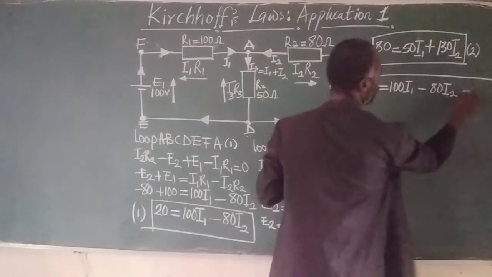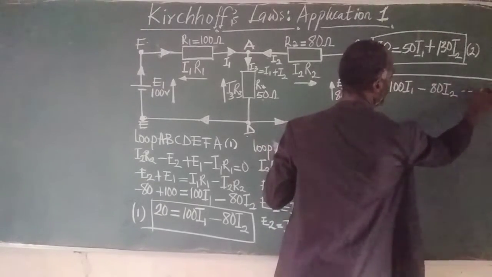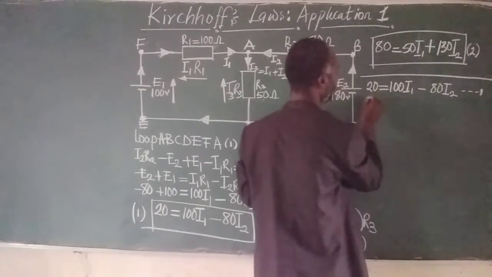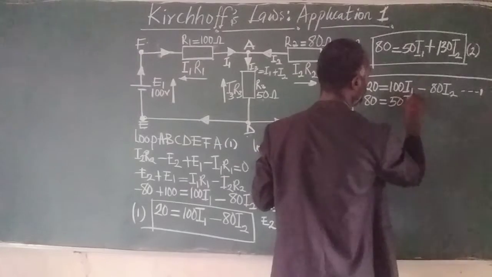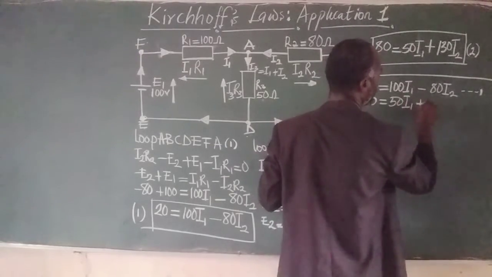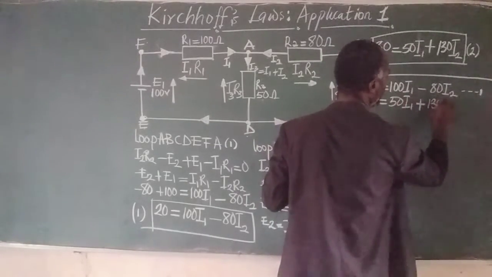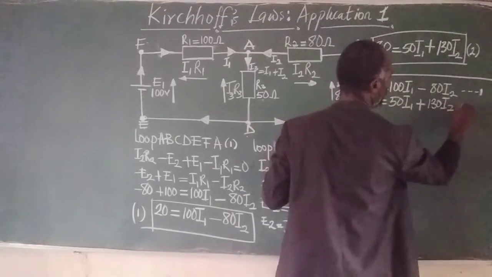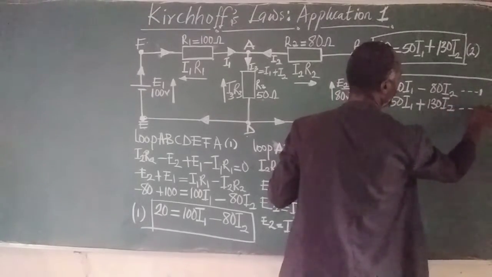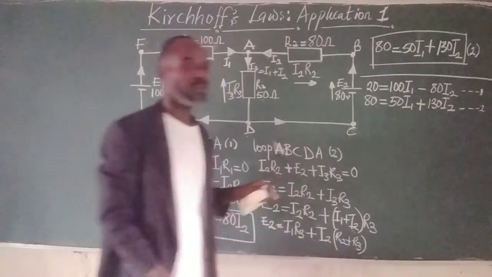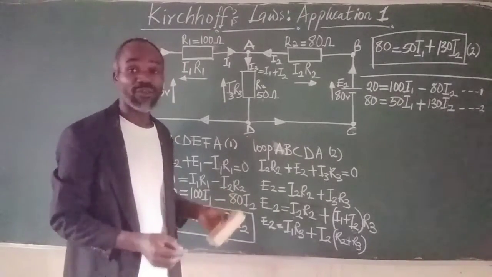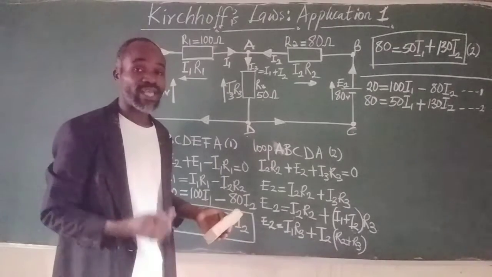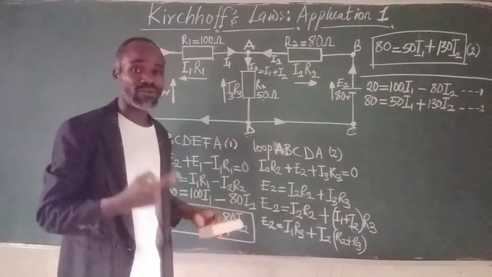This is equation number 1. Let's take note. The second equation is 80 is equal to 50 current 1 plus 130 current 2. This is equation number 2. Good. So we are applying the simultaneous method of solving two equations by using elimination method.